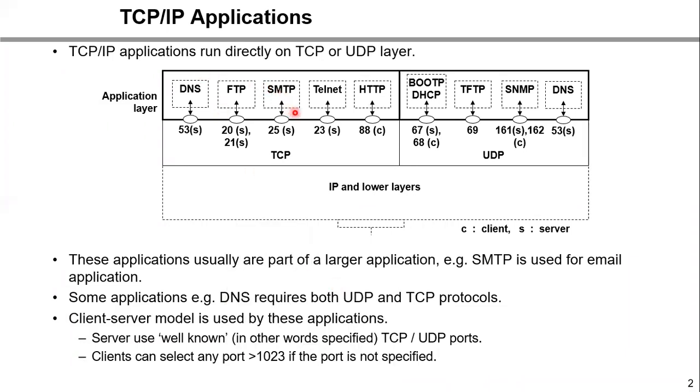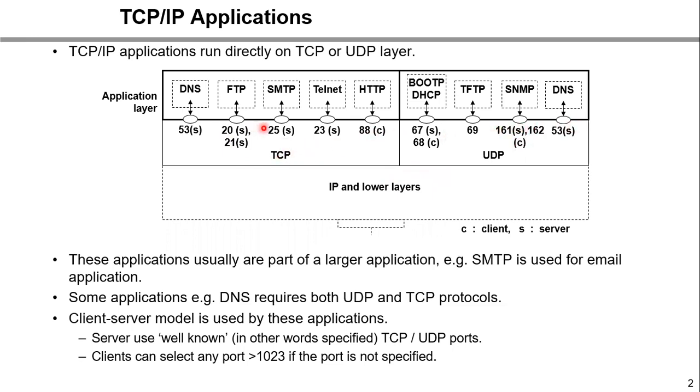DNS, FTP, SMTP, Telnet. All these are the protocols. We'll study them one by one. And remember, these are the port numbers, which are the fixed port numbers. If you remember, we have seen system port numbers and user port numbers. So these are the actual system port numbers.